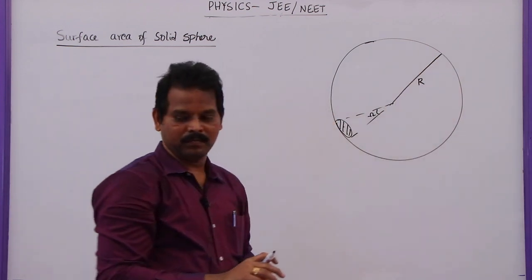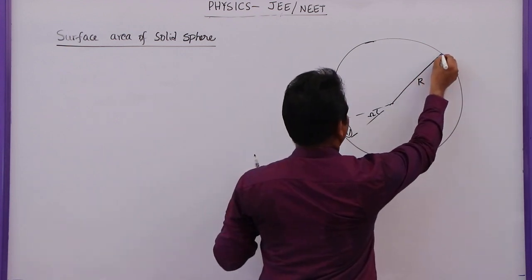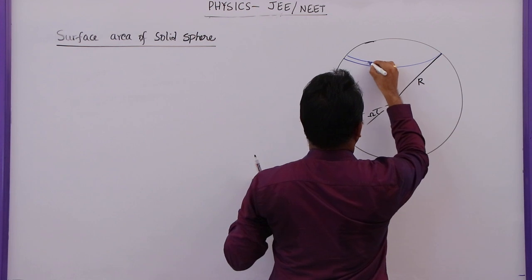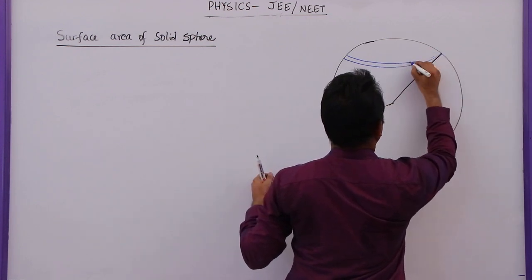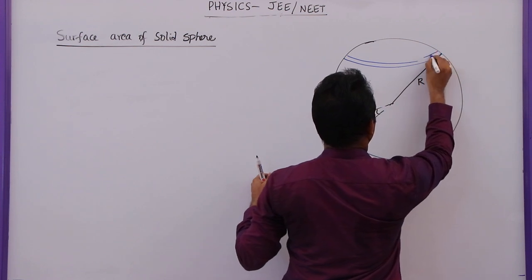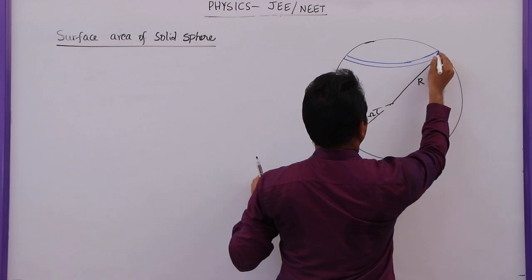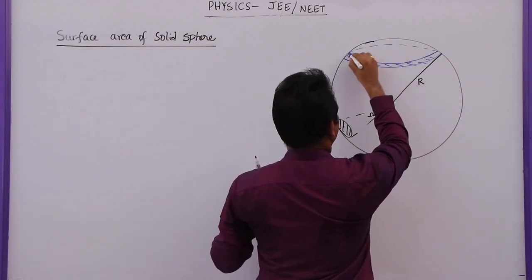Now let me take one small strip here. This is on one side of this sphere, and the other side it will be like this.